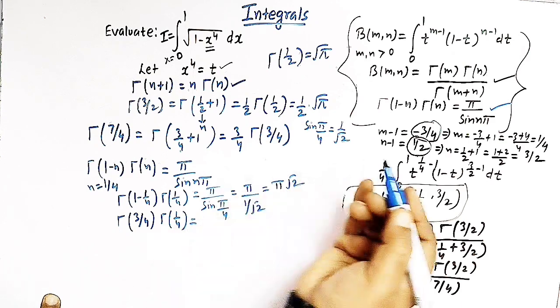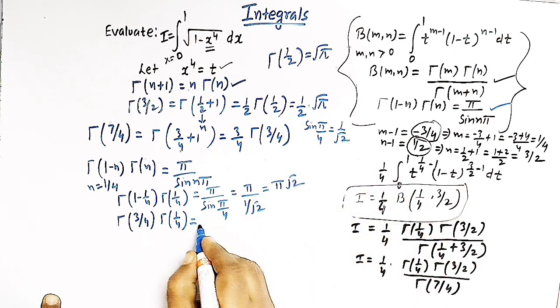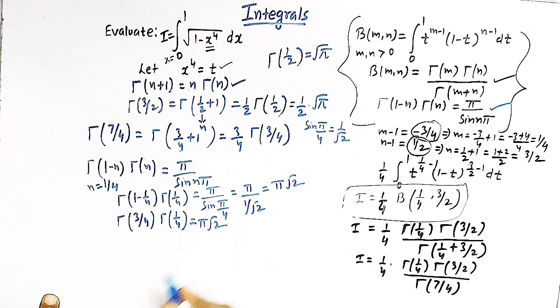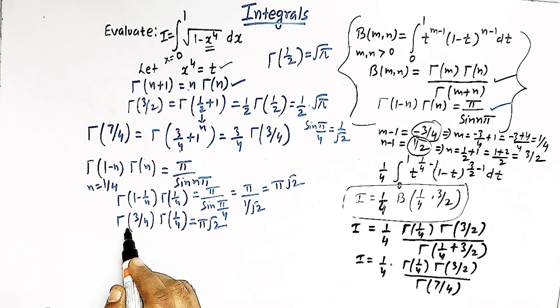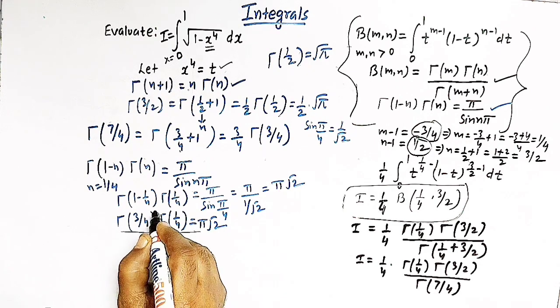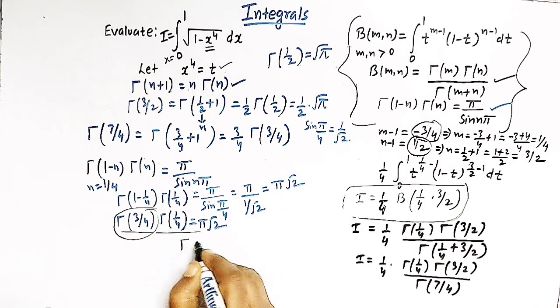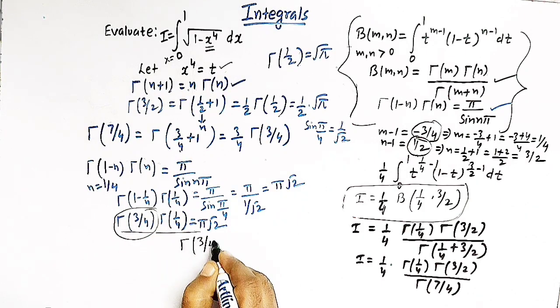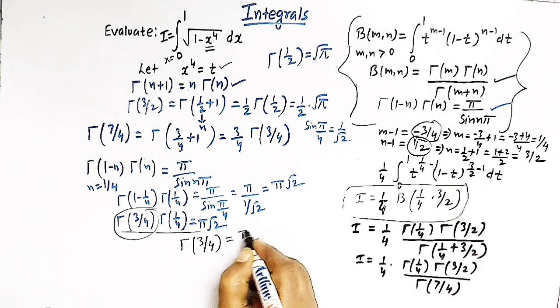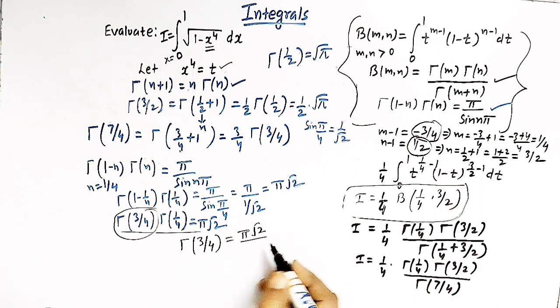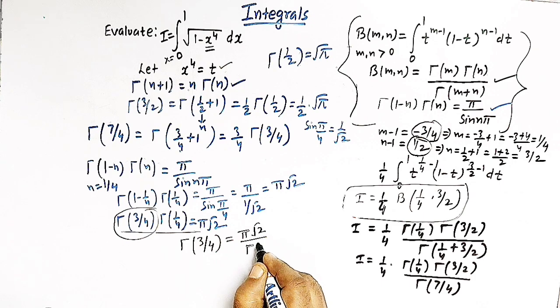And in the right hand side, we have pi times square root of 2. So now from this relation, we can now write the value of gamma 3 by 4. So we can now write gamma 3 by 4 is equal to pi root 2 divided by gamma 1 over 4.